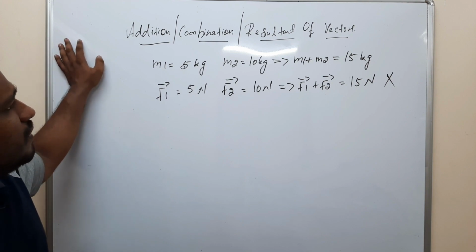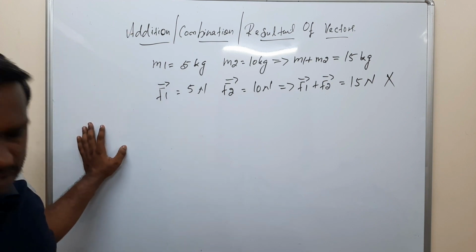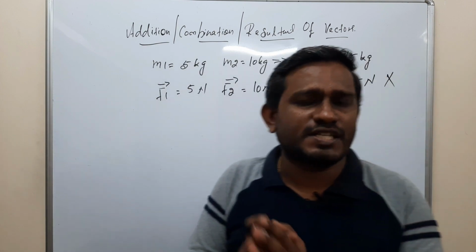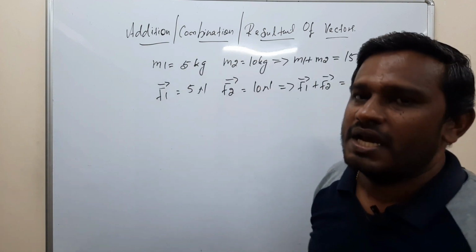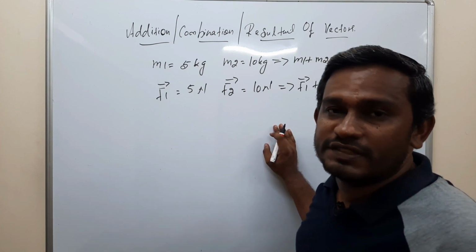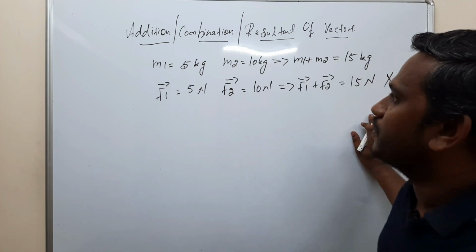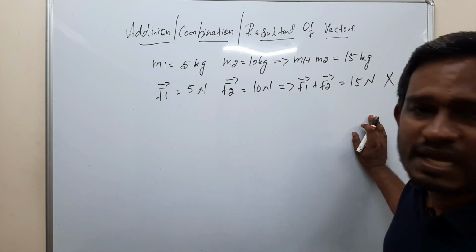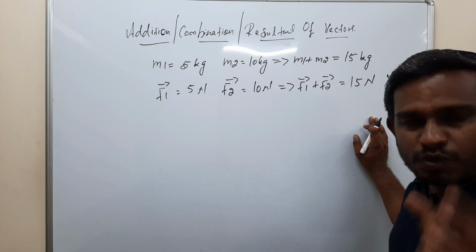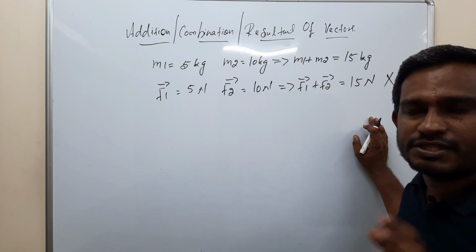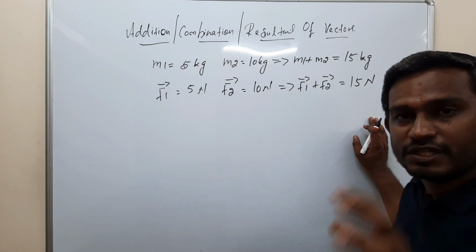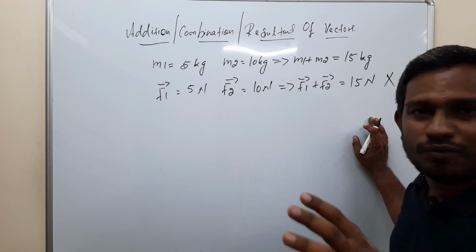So what is the resultant of vectors? The resultant of vectors is a single vector which has both magnitude and direction, and which would produce the same combined effect as the individual vectors together would produce.